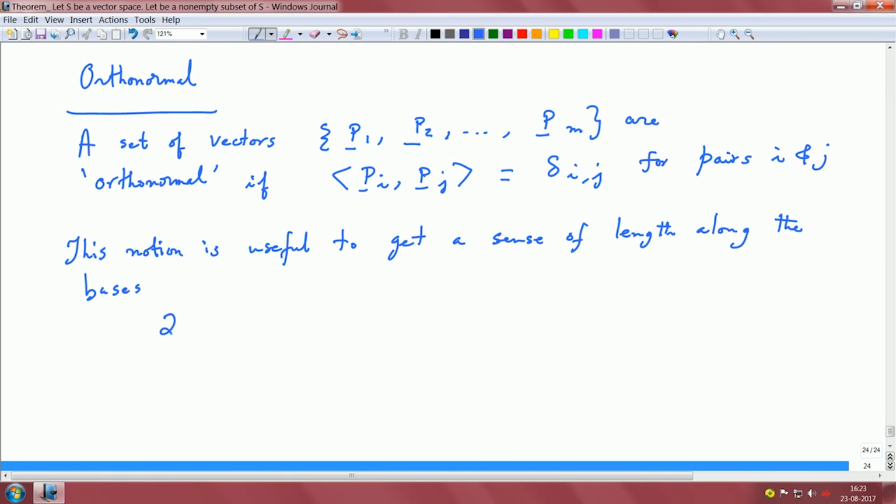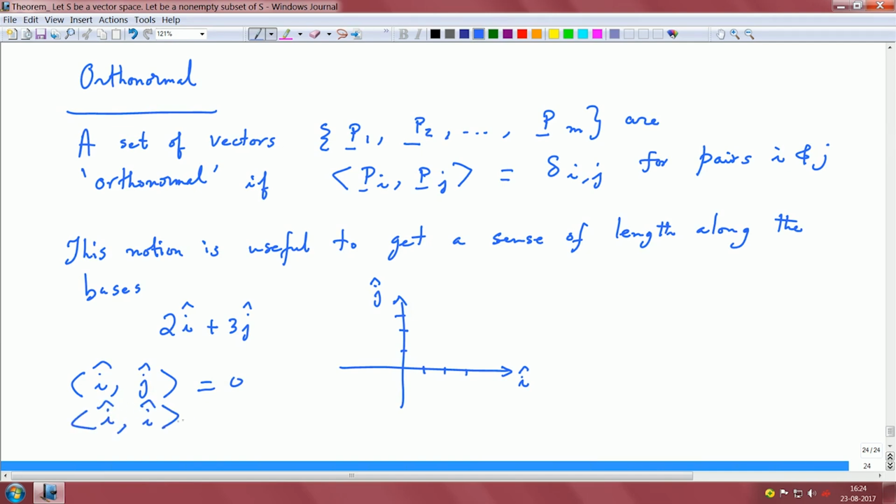For example, as I told you before, 2i plus 3j, that means in this plane, since the inner product of i with i is 1 and the inner product of i with j is 0, and j with j is 1, 2i means basically you are translating 2 steps along i and you are indeed translating 3 steps along j.